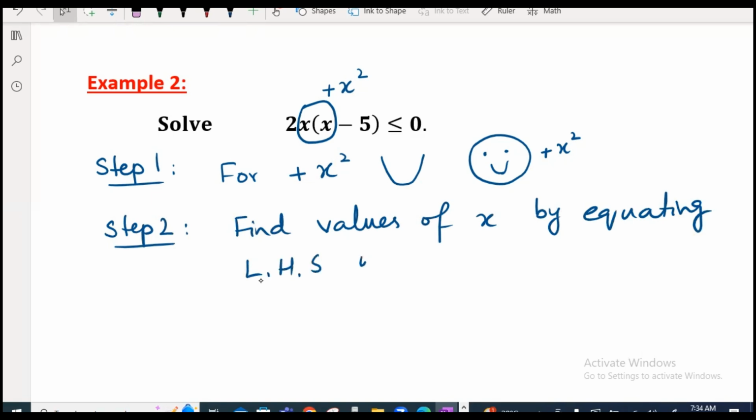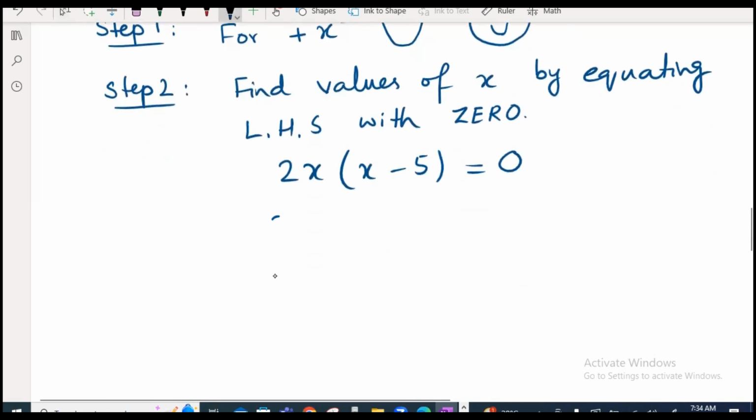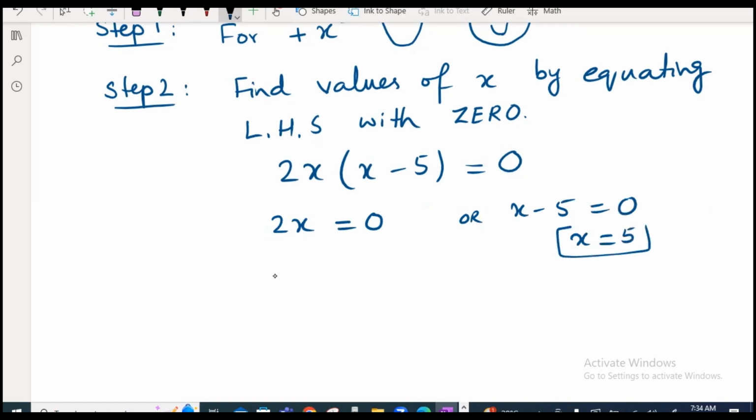So we can write 2x bracket x minus 5 equals to 0, and both factors are equal to 0 here, 2x equal to 0, or x minus 5 equals to 0. So x equal to 5 and x equals to 0 are the values of x.